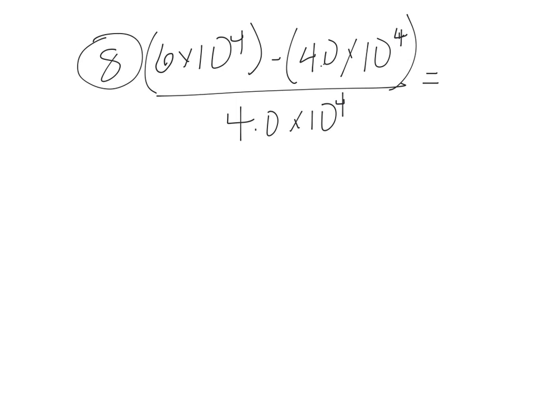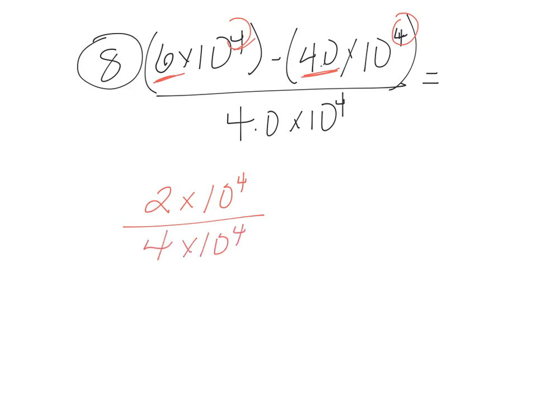When we subtract, because both of these exponents are the same, we're in good shape here. We don't have to change them. So all we do is 6 minus 4, and our answer is 2 times 10 to the 4th. And this is going to be divided by 4 times 10 to the 4th.